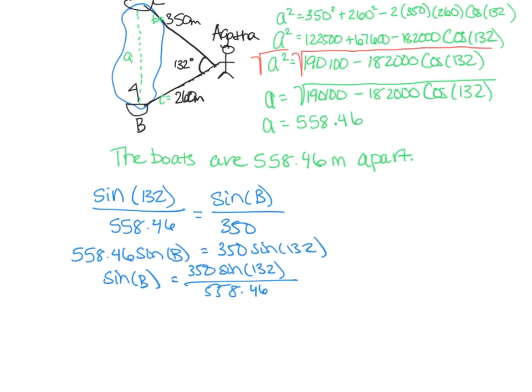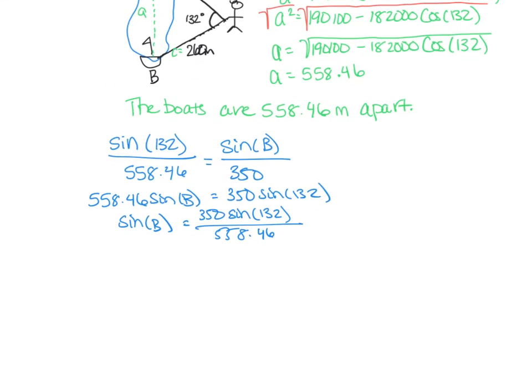And now, in order to get B by itself, I have to use sine inverse. So B is equal to sine inverse of 350 times sine of 132 over 558.46.